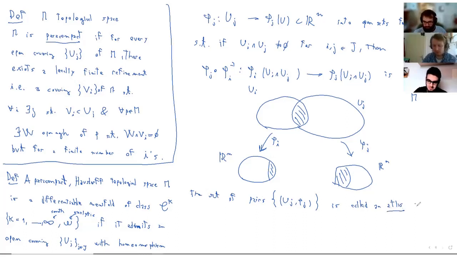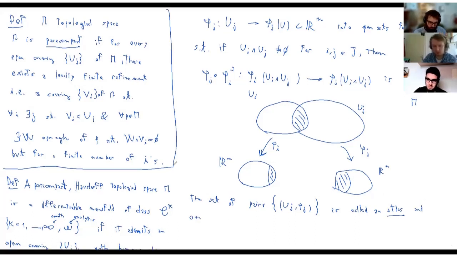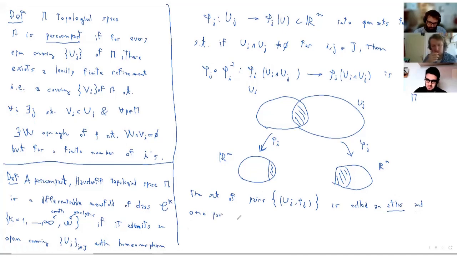And one specific pair, one pair (U_j, phi_j), is a local chart.